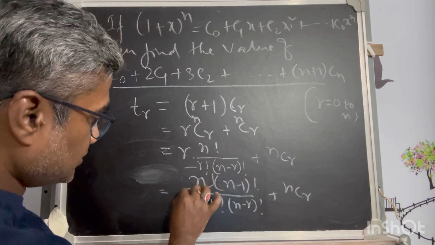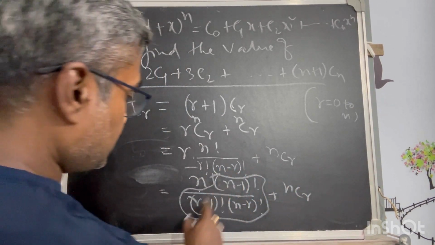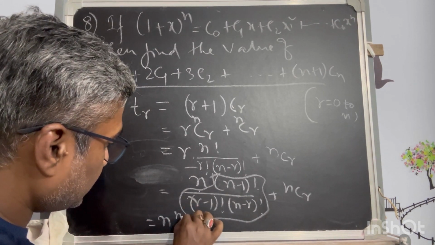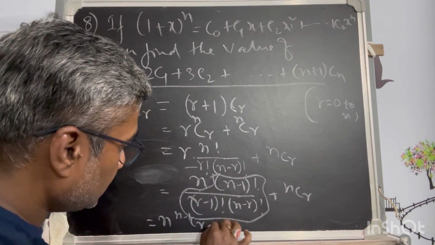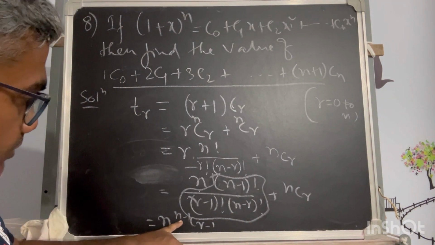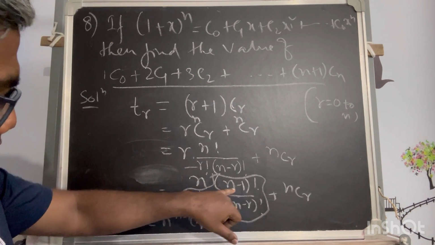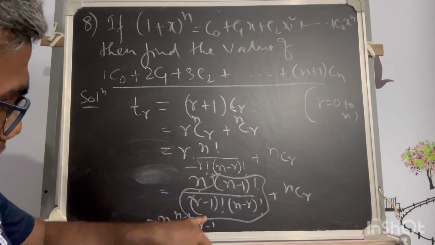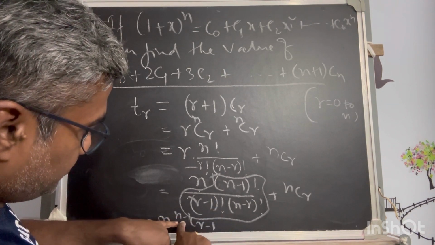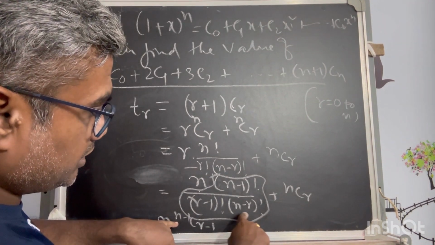Now if I see this all together, this is saying something. What is that? n into n minus 1 c r minus 1, isn't it? Because if I break it, the numerator will be n minus 1 factorial, below is r minus 1 factorial, and the next is n minus 1 minus r plus 1 factorial. So this I am getting.